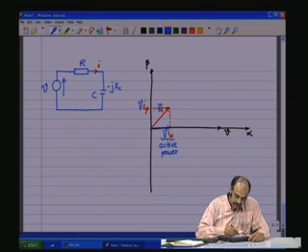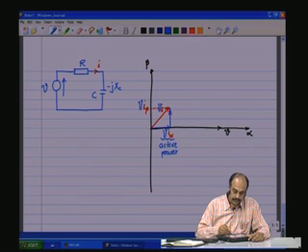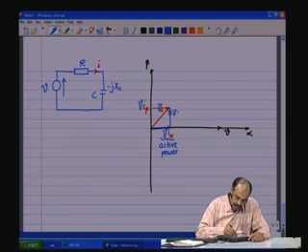That quantity which is orthogonal to the V axis or the alpha axis, which is having an amplitude V into I beta, is called the reactive power.